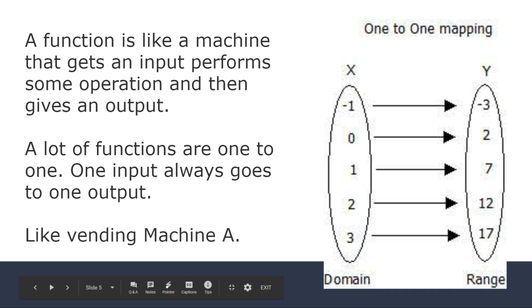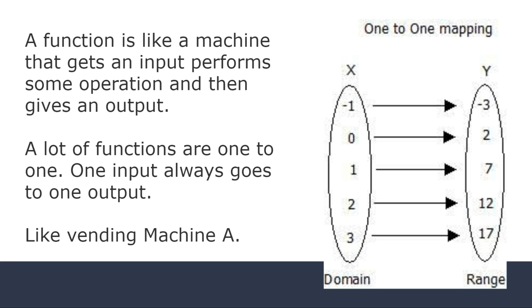Alright, so as I said, functions are kind of like a machine. So if you get that input, you're supposed to perform some sort of operation, like the machines are performing the operation of actually finding the correct can of soda and spitting it out. Okay? A lot of functions are what's called one-to-one.